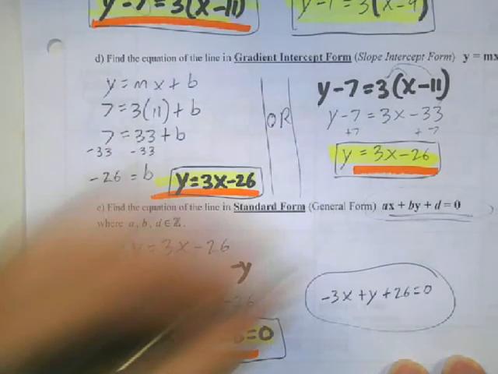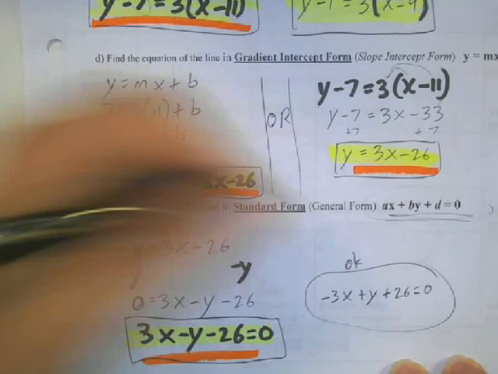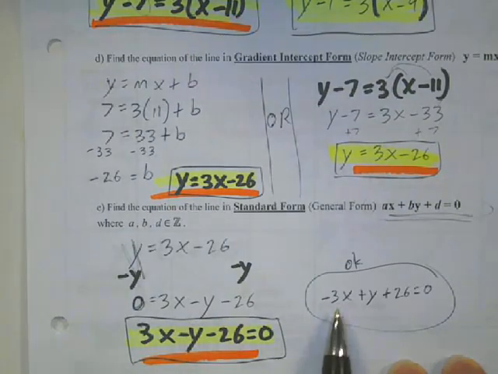That answer is okay, but in IB, when you look at an answer key or a mark scheme from IB, they typically and strongly encourage that this coefficient here be positive. So to make it positive, you could just multiply each term by negative 1. So then this would become positive 3x, negative y, and negative 26.